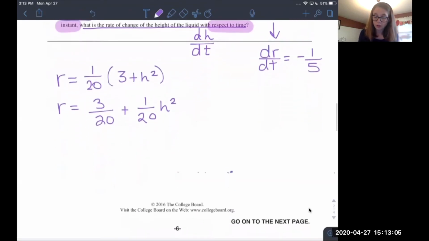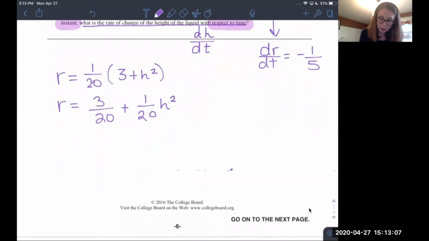So when I take my derivative, I'm going to say that the derivative of r is dr dt. The derivative of 3/20ths is 0, so I'm not going to write anything there. The derivative of 1/20th h squared is going to be 2 over 20 h, using just the power rule, and then again, because it's related rates, I'm going to write dh dt at the end.